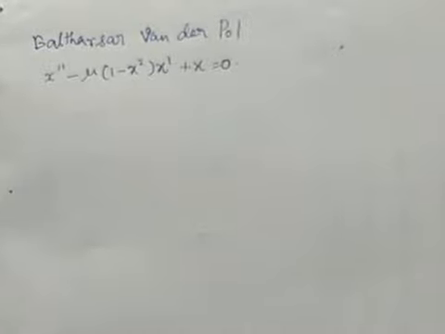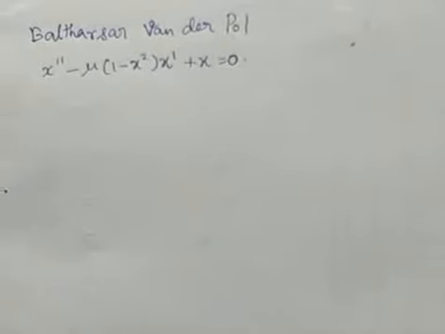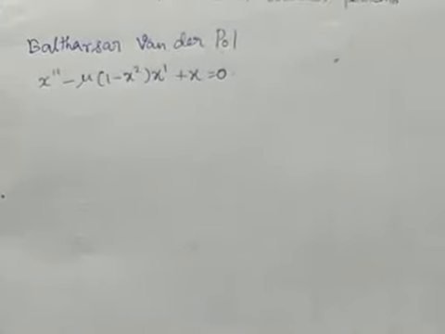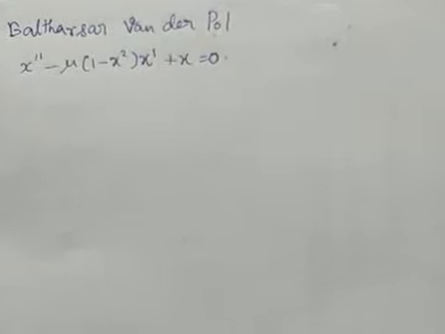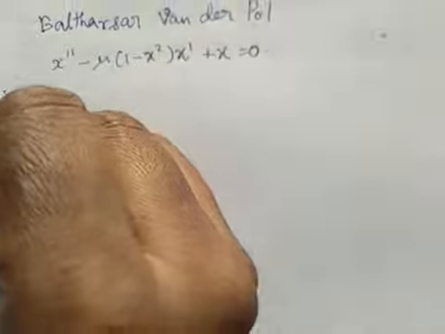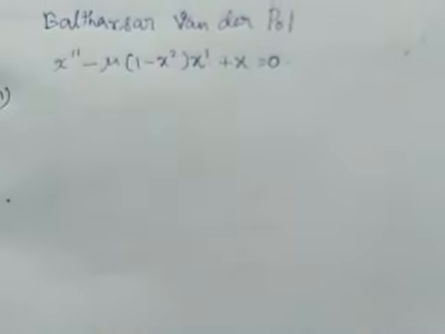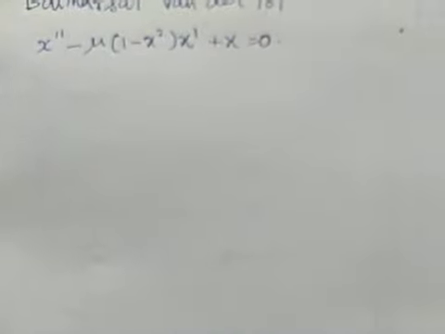Now we are going to find the solution for this van der Pol equation using the perturbation method. So we are going to find the first three terms of the van der Pol oscillator with small damping.